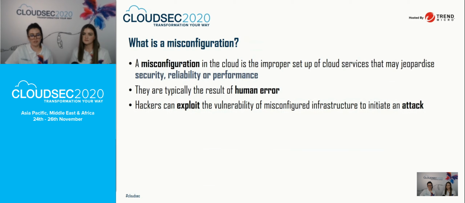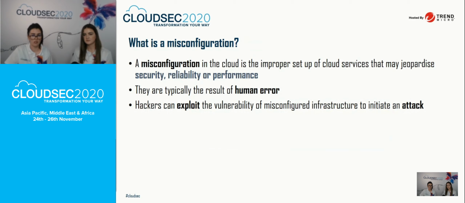So what is misconfiguration? A misconfiguration in the cloud is the improper setup of cloud services that may jeopardize security, reliability, or performance. They are typically the result of human error. We are all aware that hackers can exploit the vulnerability of a misconfigured infrastructure to initiate an attack and gain access into your environment. Some of the most significant and well-published data breaches over the last few years have been a result of misconfigured infrastructure in the public cloud.